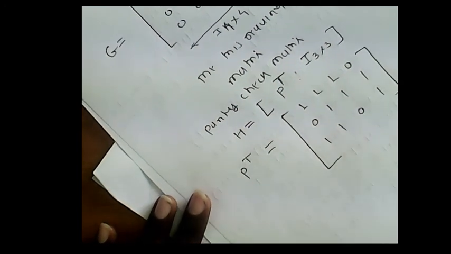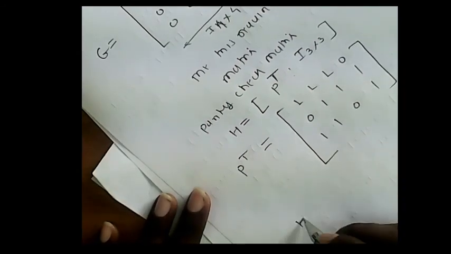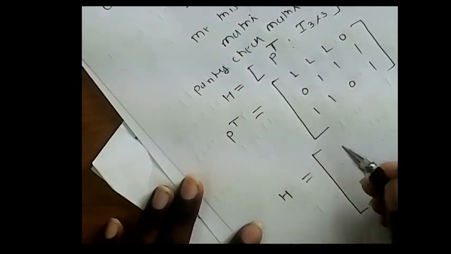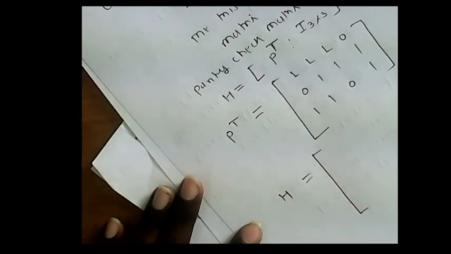So we get 1 1 1 0, then 0 1 1 1, and 1 1 0 1. So we get this transpose of the parity matrix. So we can write down the parity check matrix, which is the transpose of the parity matrix and identity matrix combination.